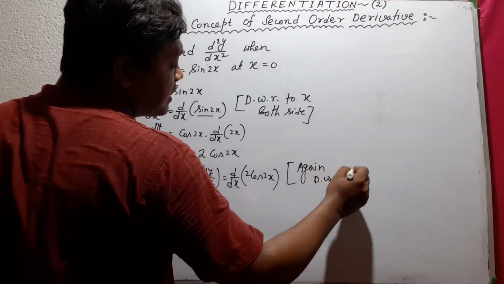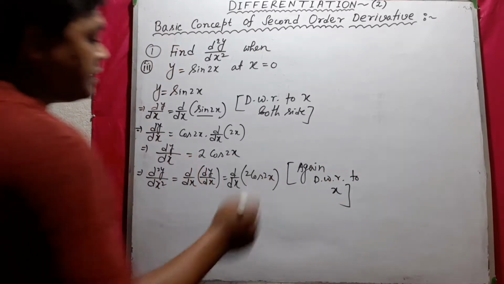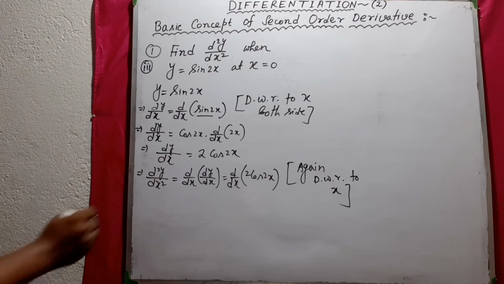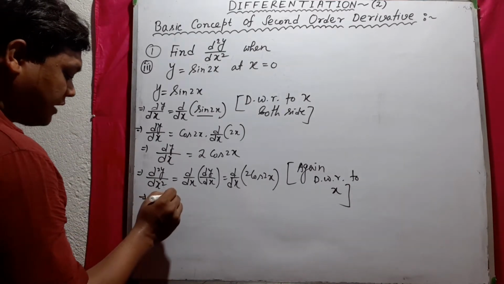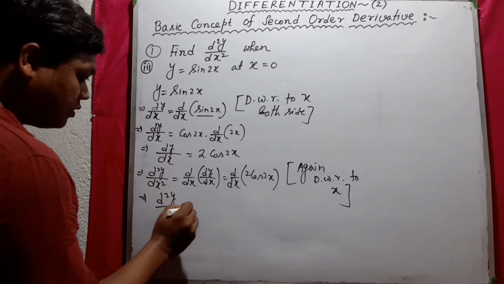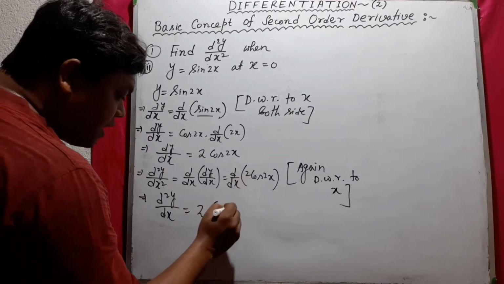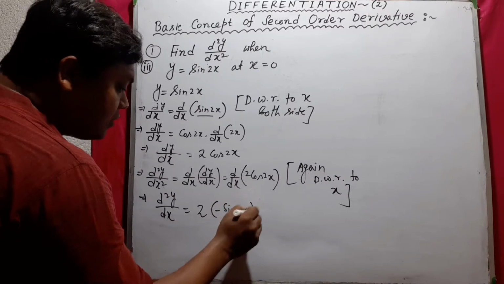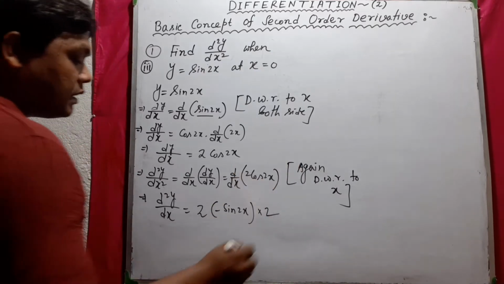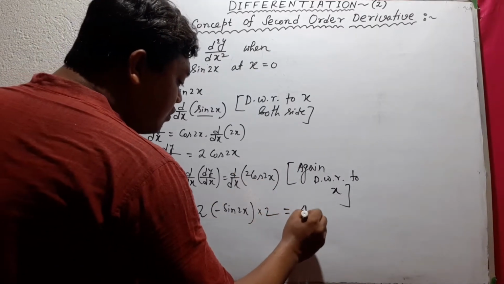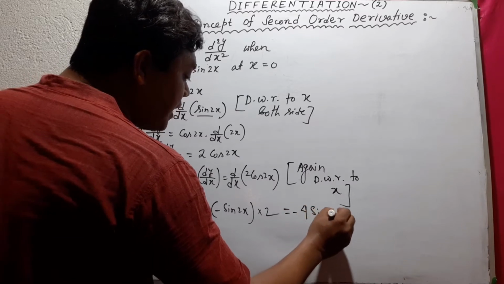differentiate with respect to x both sides. So similarly d2y/dx2, the derivative of 2 cos 2x is minus sin 2x, and the derivative of 2x is 2, so basically we get minus 4 sin 2x.